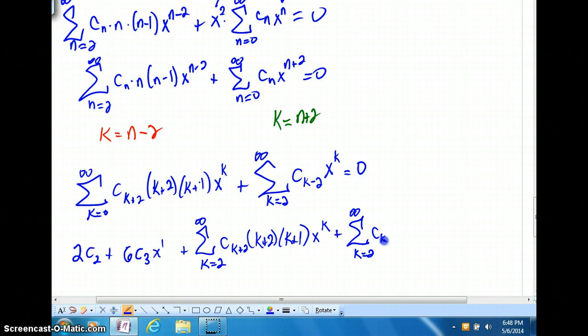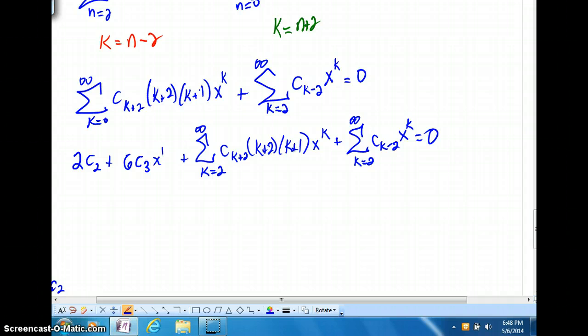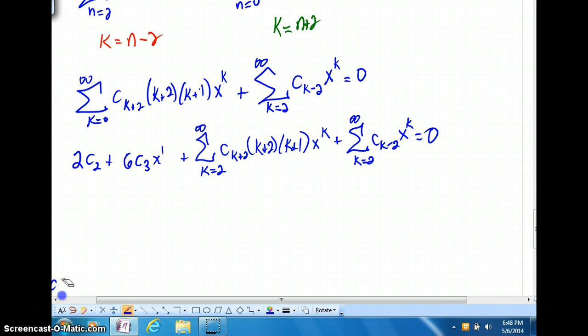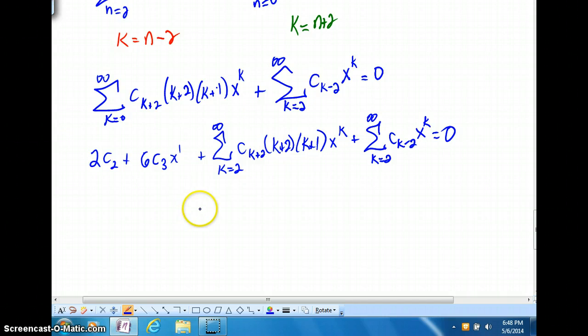That's fantastic news because now I can join them together. In other words, instead of two series, I'll just write one. So let's see if we could do that real fast. We will get 2c sub 2 plus 6c sub 3x. But now let's just write 1 sigma.